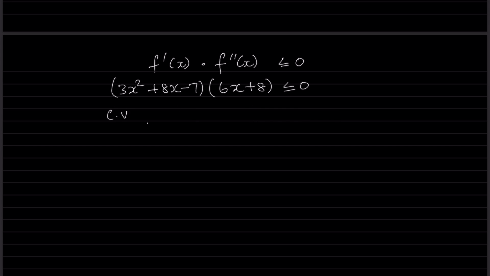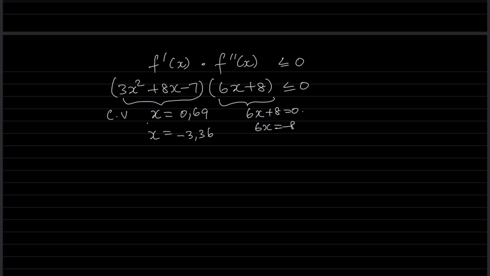So critical values, I'm going to get x is equal to 0.69. Then x is equal to minus 3.36, and that's from these two. And then from this one, I'm going to get 6x plus 8 equals 0, 6x equals negative 8, x equals minus 1.33. So we have these three critical values.